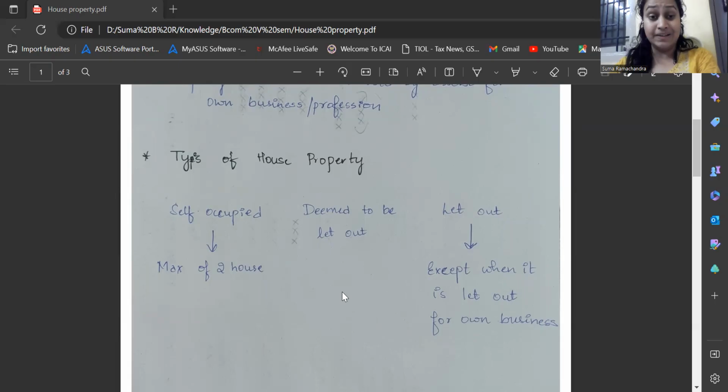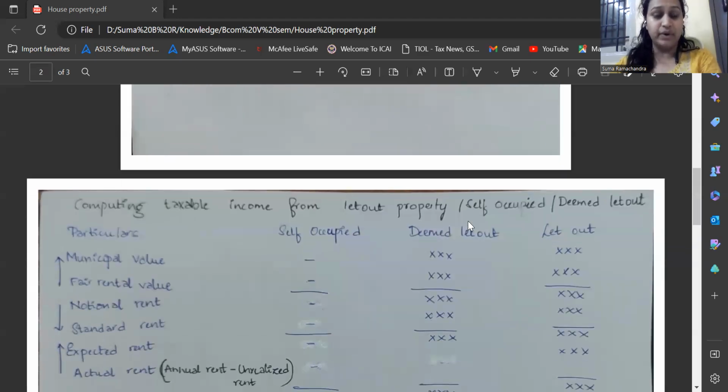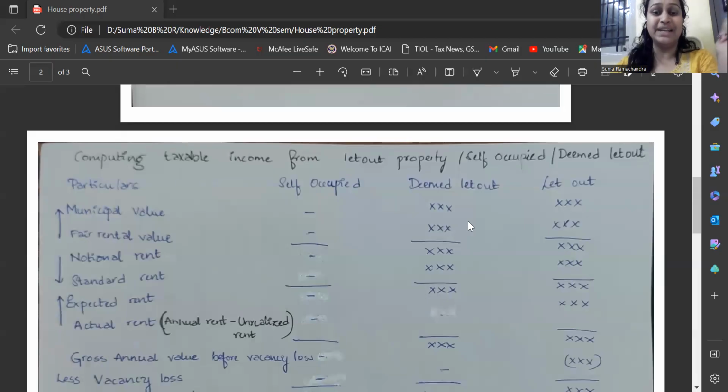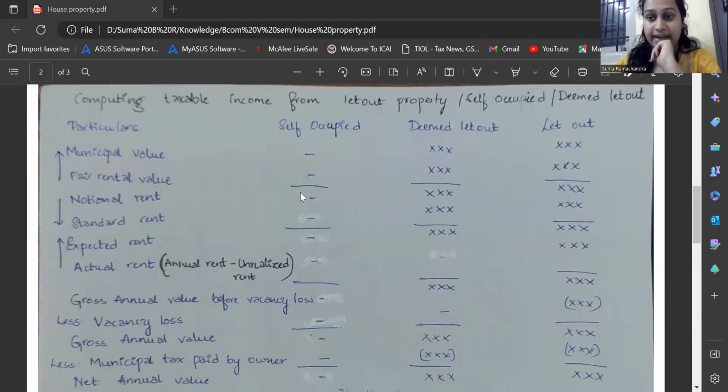The third type of property is known as let out property, wherein you own the property, but you are giving it out on rent to some other person. He can use it for any business or profession. After this, if we go to computation of taxable income from any of these kinds of property, in the first case, we'll be seeing self-occupied property, wherein you don't have any rental value.